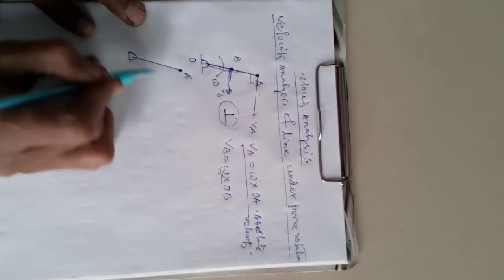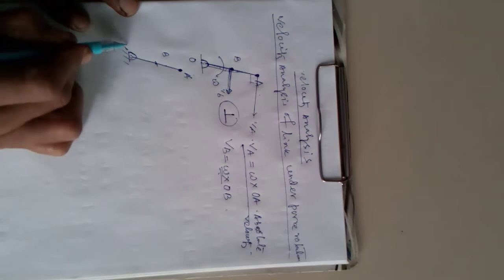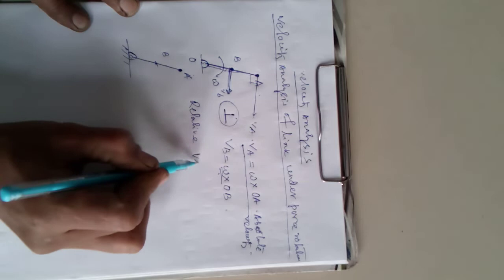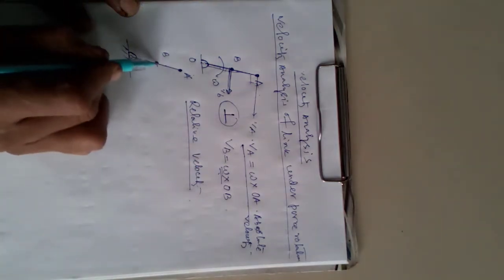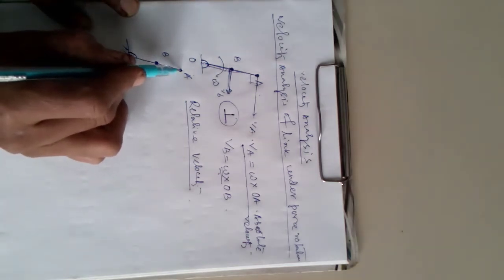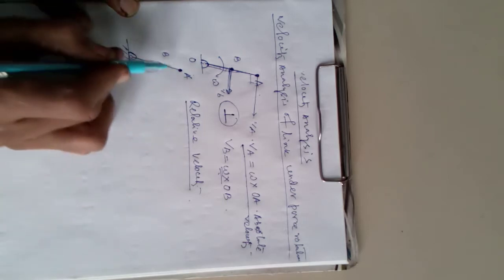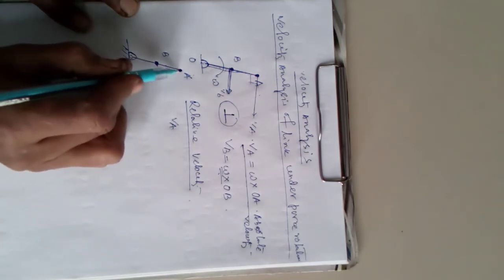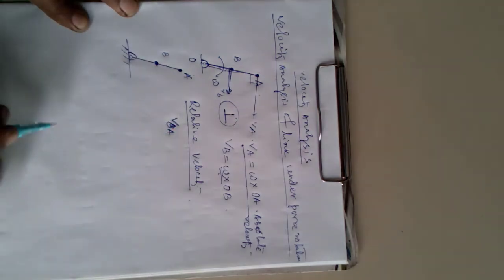Suppose that is A, that is B. First of all we find out the velocity at point A on that particular link, VA.